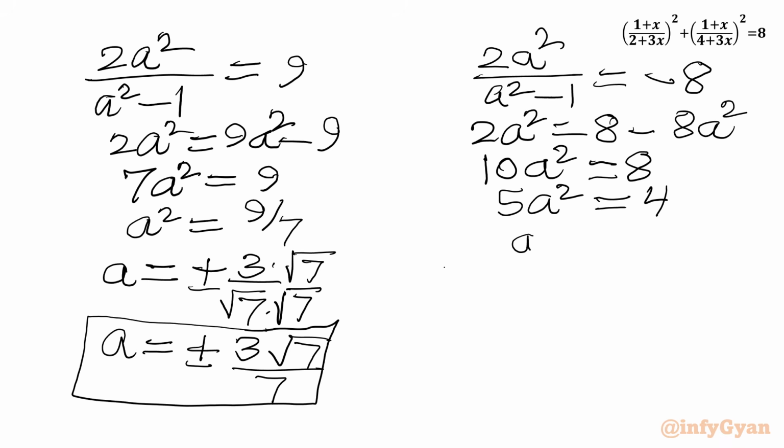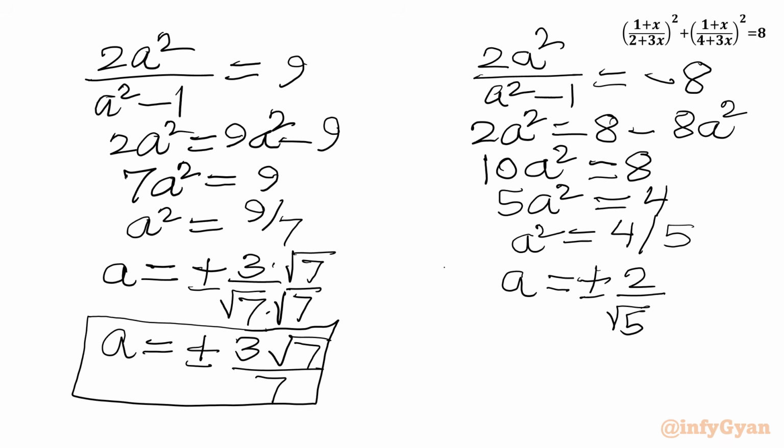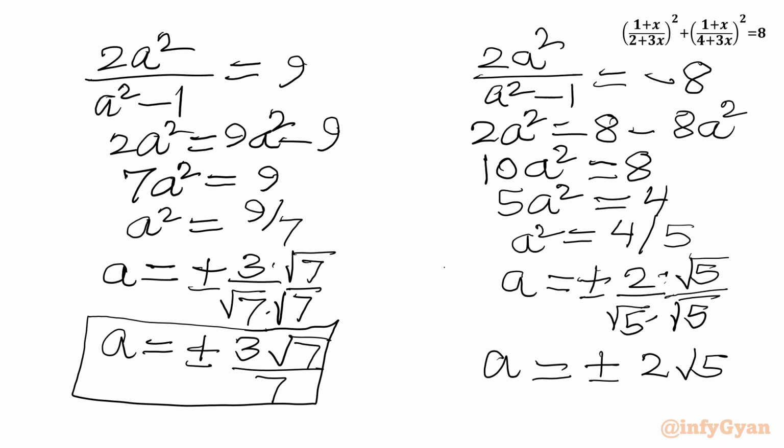By dividing 5 both sides, a square will become 4 over 5. By taking square root both sides, we will get a equal to plus minus 2 over root 5. Again, we will rationalize denominator. So we will multiply denominator and numerator by square root 5. So we can write here a will be equal to plus minus 2 root 5 over 5.